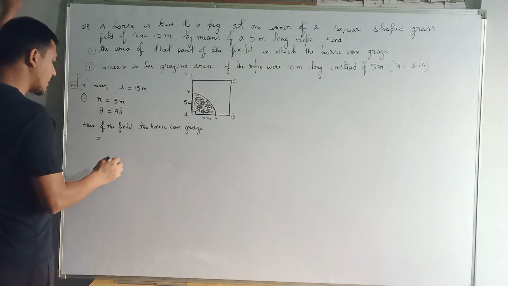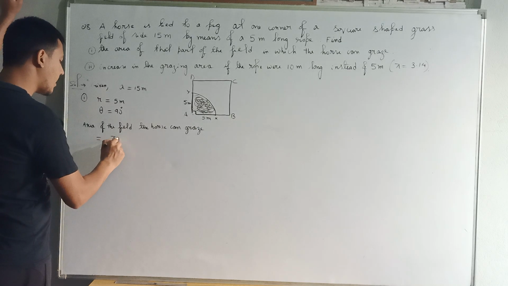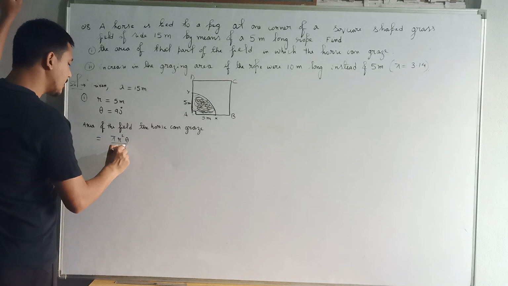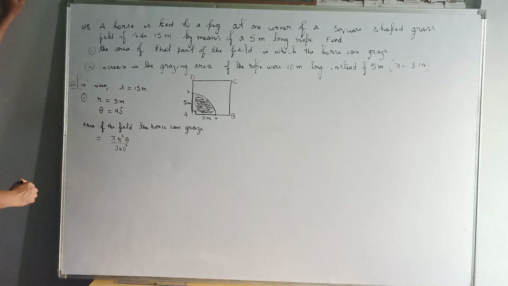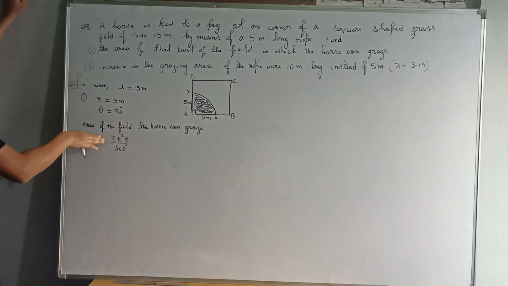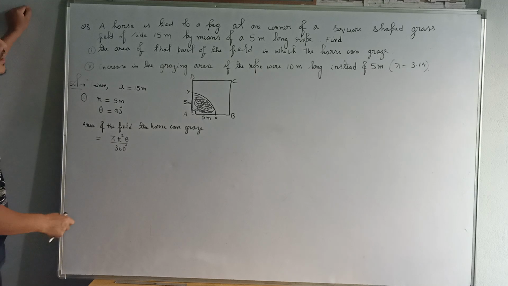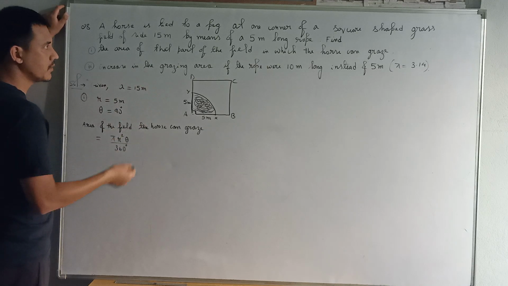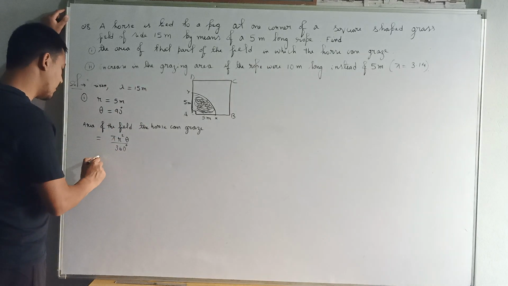And the area of the sector is given by pi r square theta upon 360 degree. So using this information, we can find out the area of the field in which the horse can graze, given the rope is 5 meters long.